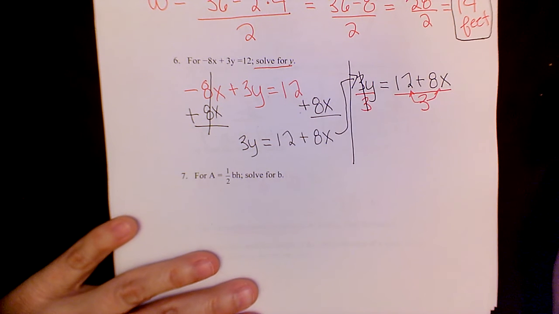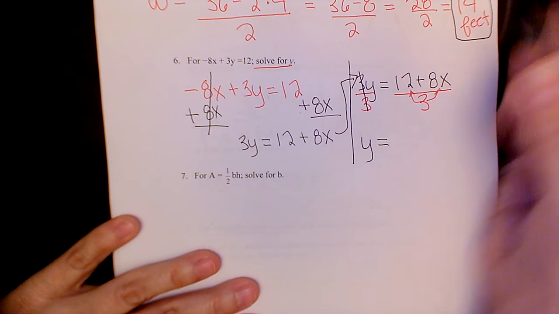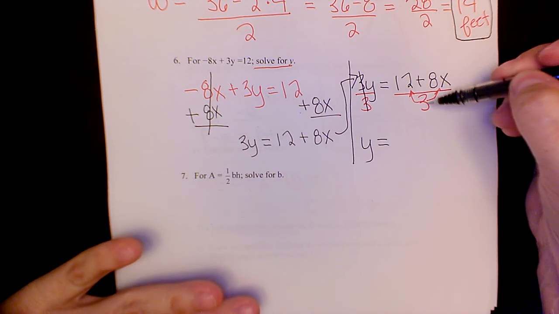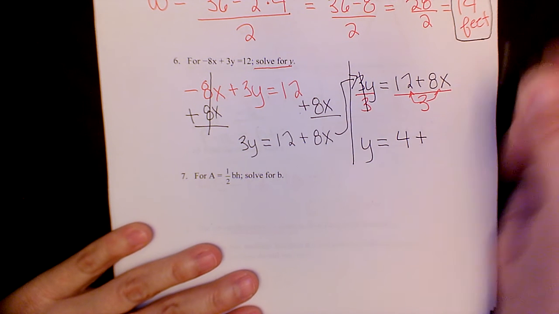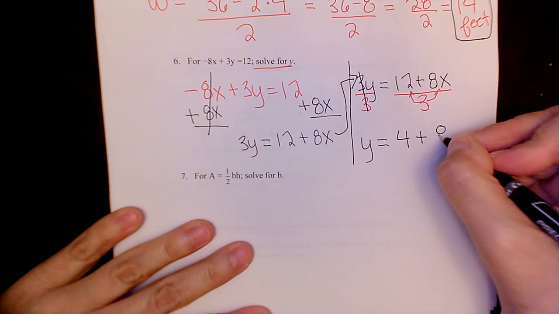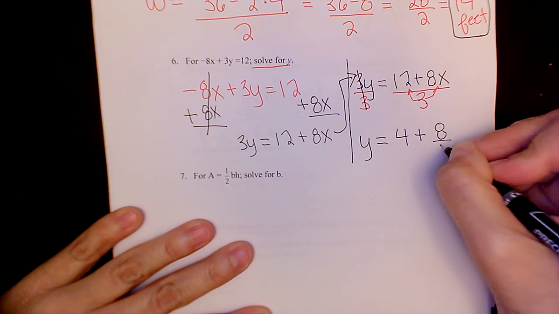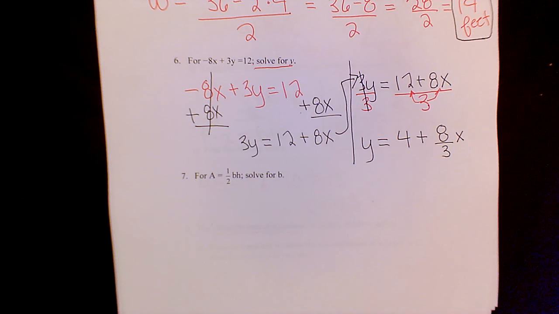So 3 divided by 3 is 1, or just y. 12 divided by 3 is 4. And then 8 divided by 3, I'm really not going to get a nice whole number for that, so I'm going to leave it as a fraction.